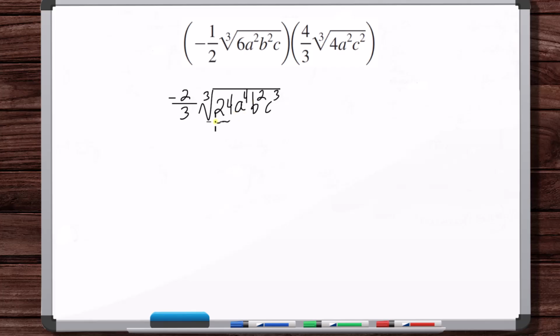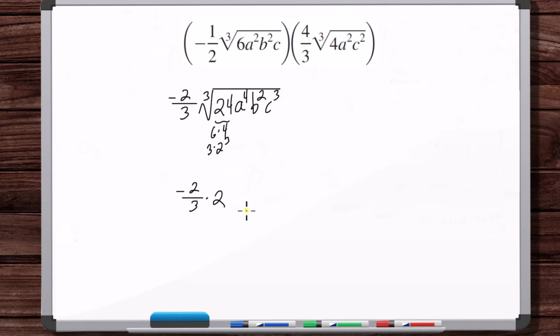So 24 is 6 times 4. 4 is 2 squared. 6 is 3 times 2, so 3 times 2 cubed. So we've got minus 2/3 times, we could take out a 2. And what else can we take out?